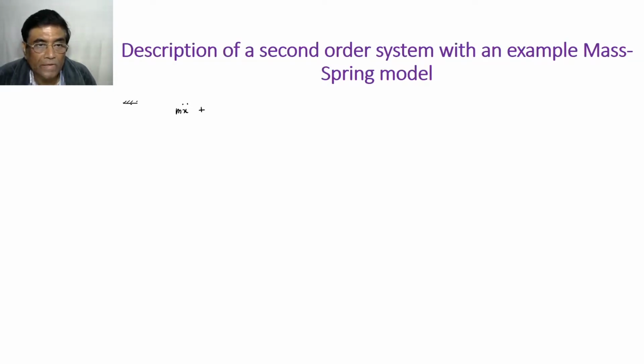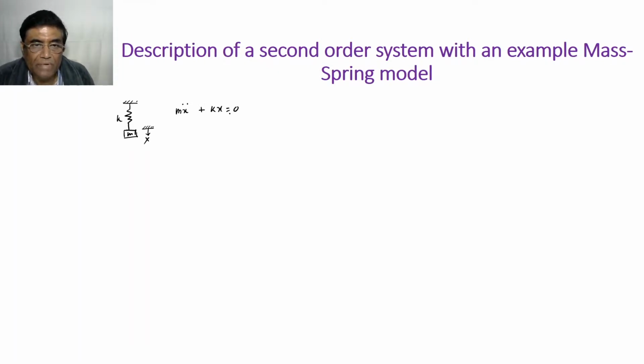So it has a spring simply, and a mass is hanging from the spring, and the spring has a stiffness constant K. So as you can see, m x double dot plus k x equal to 0 will be the dynamic equation, right? So there is no damper, and the remaining part, how we derive this, remains the same as we have discussed earlier.